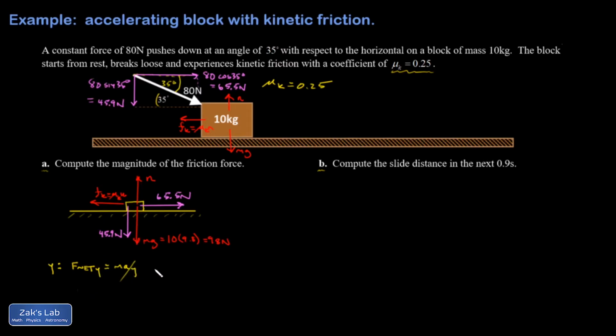And so my net force in the y direction must be 0. If you like, you could write it this way. All the upward stuff minus the downward stuff must be equal to 0.